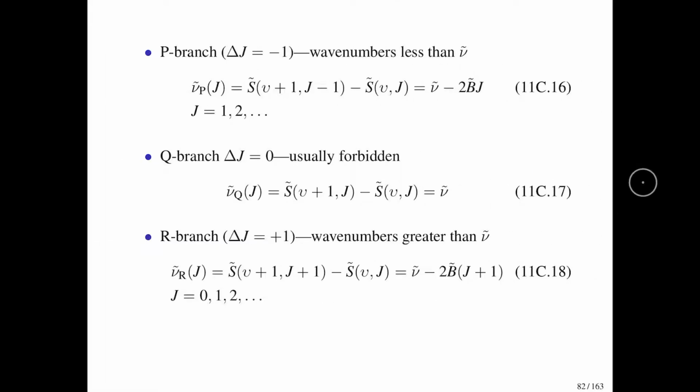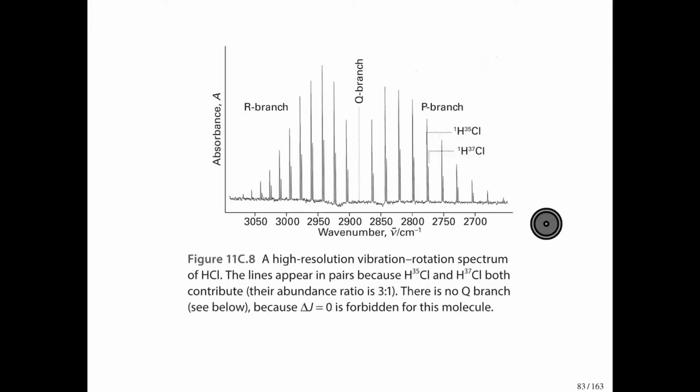What we'll see, and I'm just going to pull up the example here, is your lab report actually. This is very much what your data looks like. This is the rovibrational spectrum of hydrogen chloride, and what we're going to discuss are the different branches that you see in the spectrum.